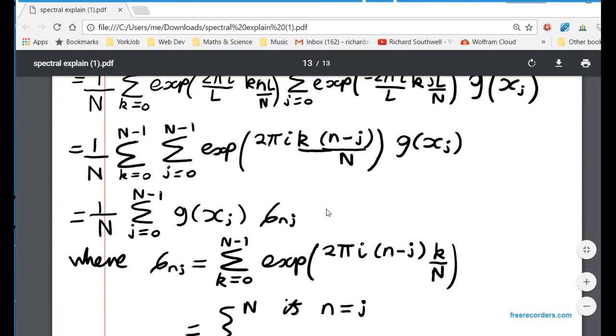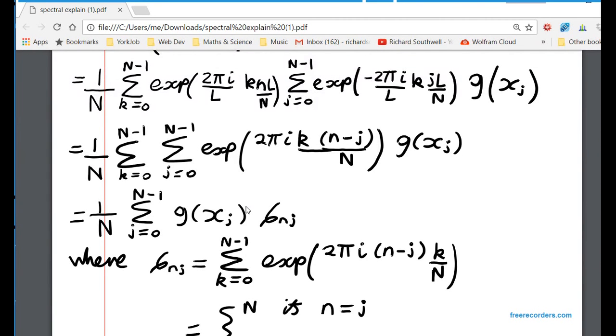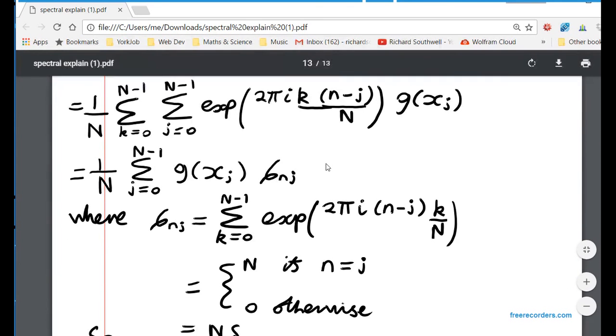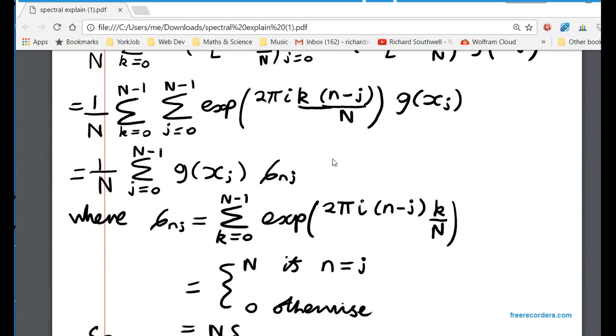Now if you evaluate this, it's interesting. When n equals j, this is going to be a sum of n exponentials, but the arguments of those exponentials are going to be 0. So it's just going to be a sum of e to the zeros, so it's going to equal n. If n's not equal to j, then n minus j is going to be some integer. So what you're going to have is 2 pi i times some integer times k divided by n, but you're summing k from 0 to n minus 1.